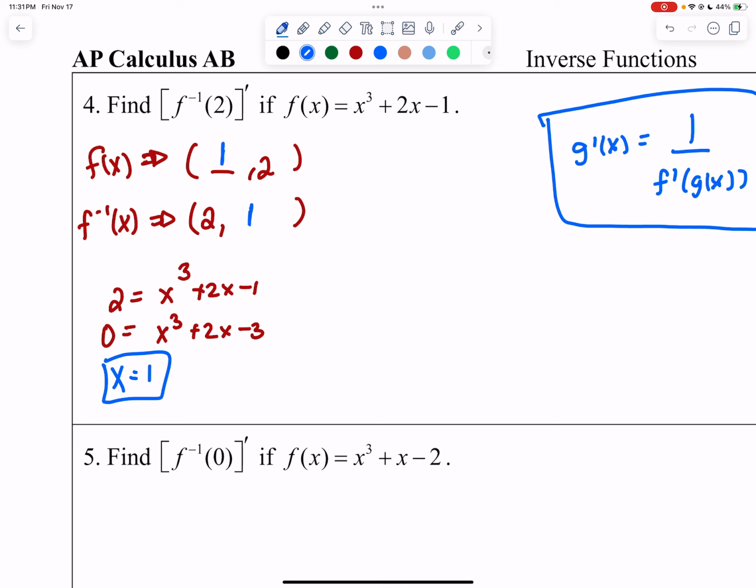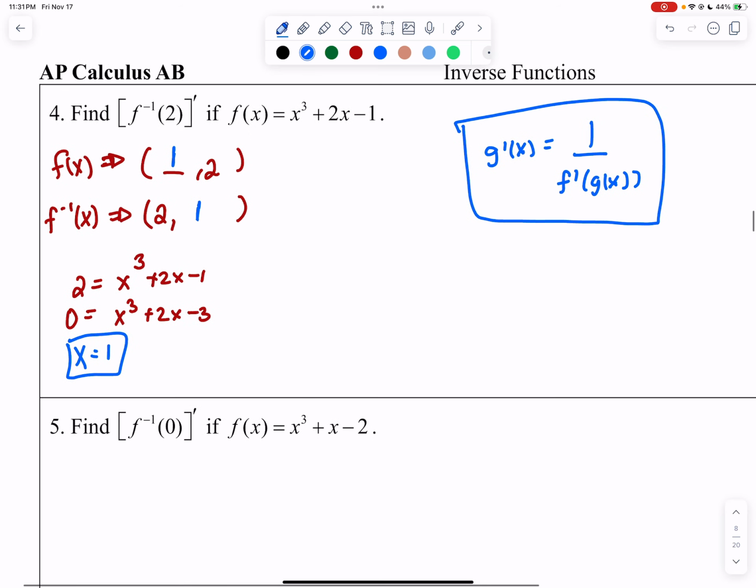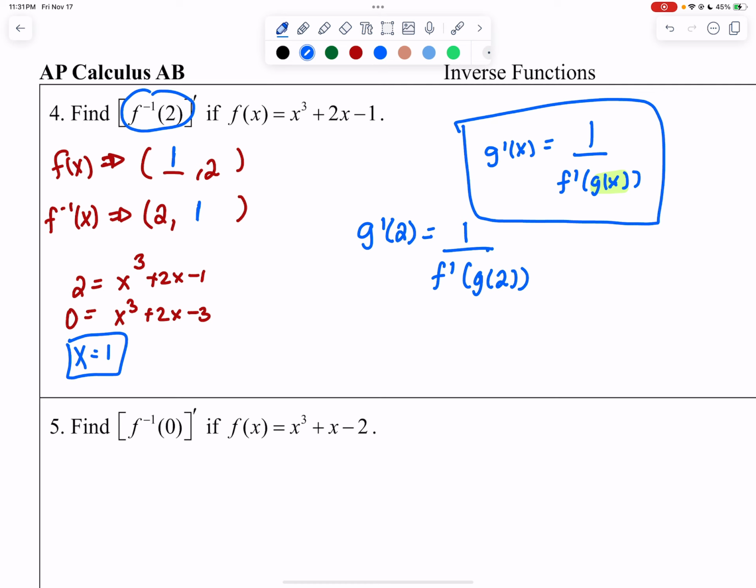Now, remember the reason why we did this is because that's going to give us g of x. And remember that g of x is the same thing as the inverse function of f. So if I wanted to find the derivative of the inverse function at 2, then this is saying g prime of 2 is equal to 1 over f prime of g of 2.